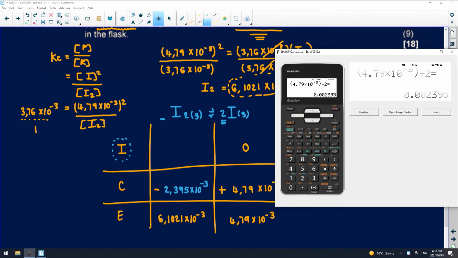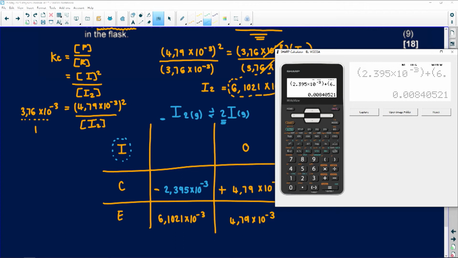I'm going to write it in this manner: 2.395 times 10 to the exponent negative 3, and I'm going to add the 6.1021 times 10 to the exponent negative 3. I do put brackets around it, it just makes it easier. There we are. I'm just going to move my comma again so I have it by the 8. 1, 2, 3. So I'm going to leave it as 8.4.